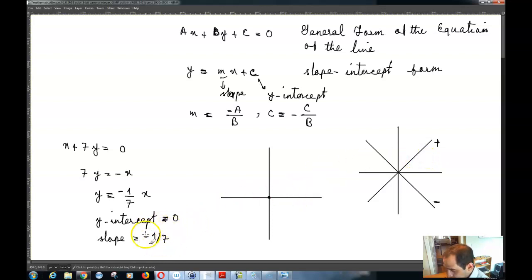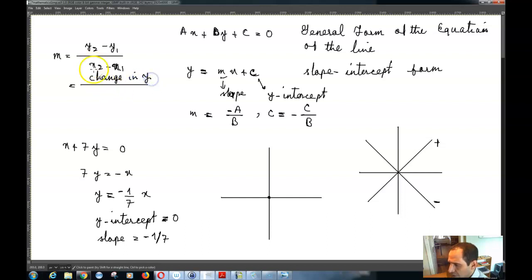Now, what this number tells you, the number itself, meaning 1/7, is this: we said that m is equal to y2 minus y1 over x2 minus x1. That means that the numerator is change in y, and the denominator is change in x.